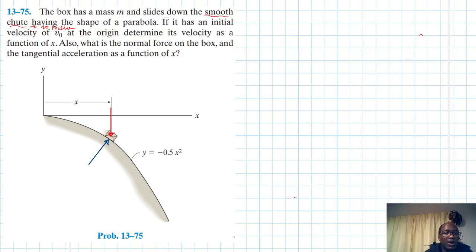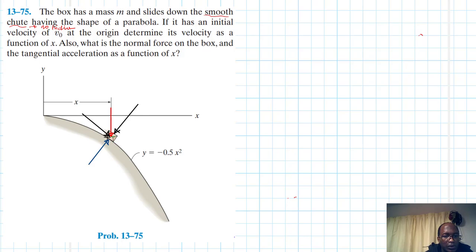Right, so we are going to have components of this particular weight. We'll have one component in this direction and another component in this direction. Then we need the angle. So let's say this is the angle.